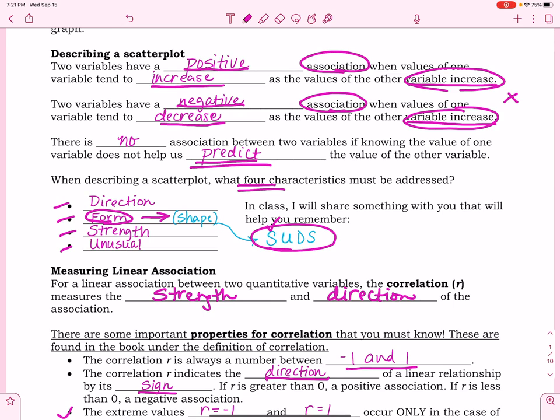So shape, is it linear or not? Those are your only options. So your scatter plot is either linear or it isn't. Unusual features are the same things that they were in Unit 1. Outliers, anything unusual. Direction can only be positive or negative. And then, of course, the last thing is going to be strength. So in other words, how strong is the relationship between my two variables?